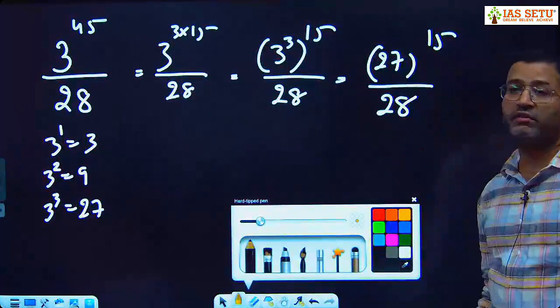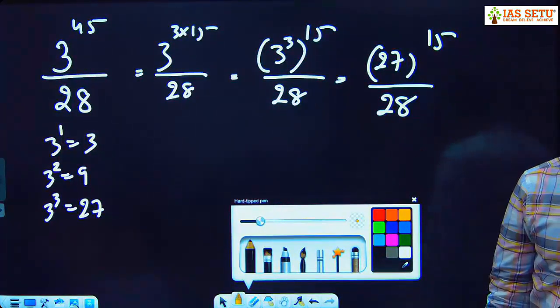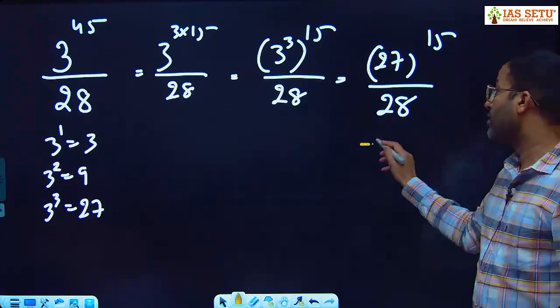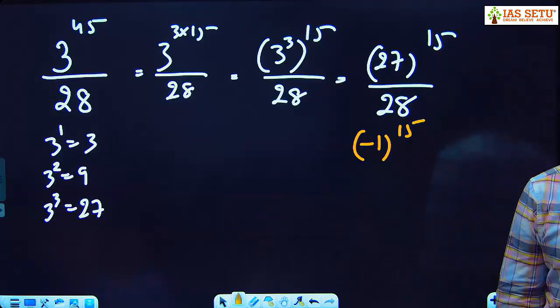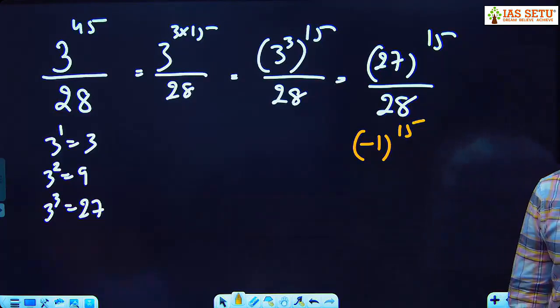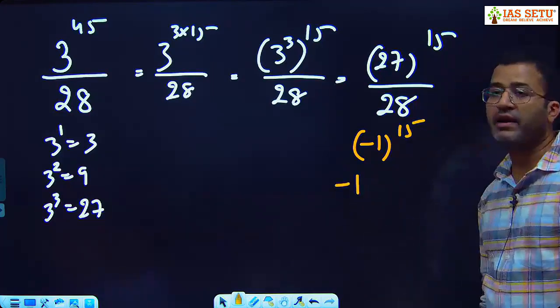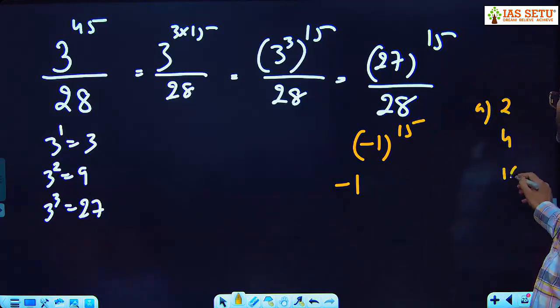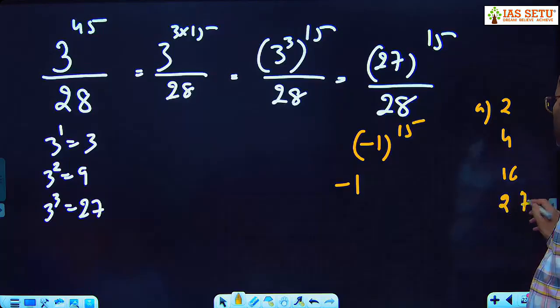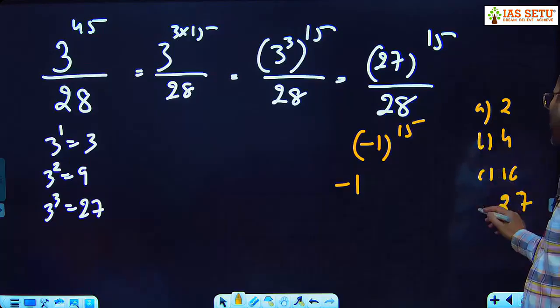Every 27 with respect to 28 gives remainder 27 and minus 1. Minus 1 how many times? 15 times. So tell me what is minus 1 to the power 15? Minus 1. But UPSC will never give the answer minus 1. Your answer options will be like 2, 4, 16, 27. So the answer is 27.